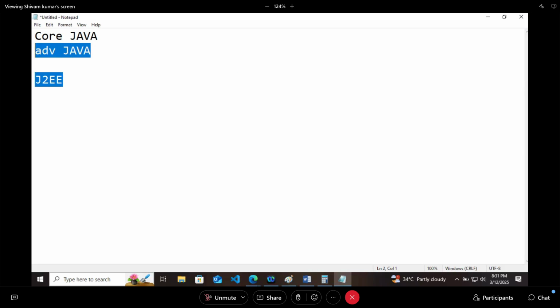So three books are there, and these three books are required for the SCJP, Sun Certified Java Programmer. Let me tell you the number of pages: it is around 1500. Sorry, it is 2100. One is 1500 pages, and this is around 700.